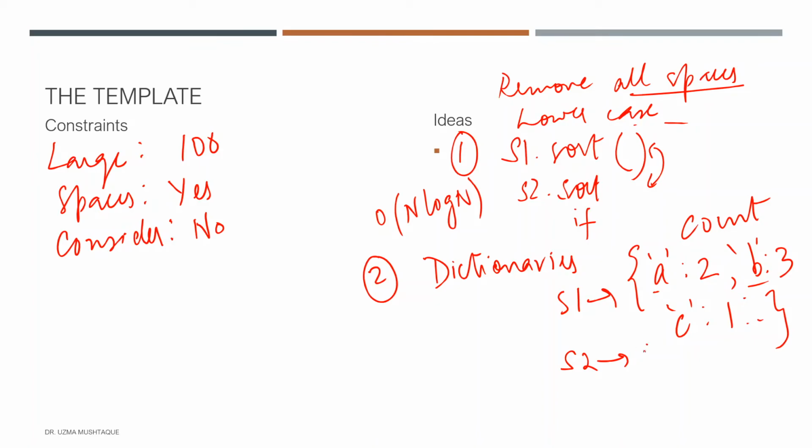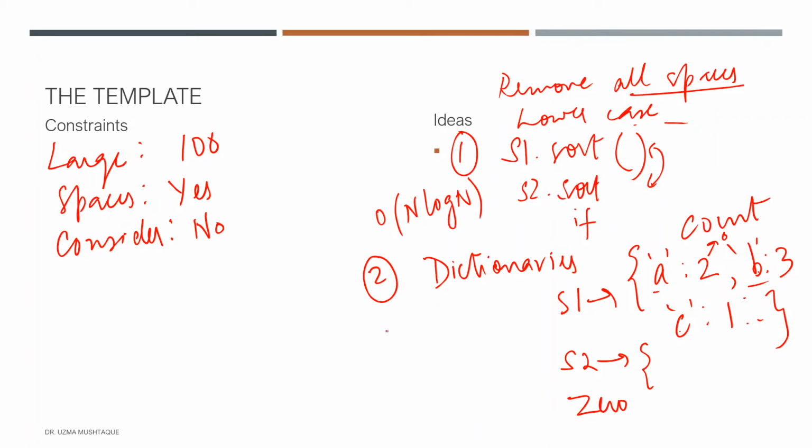So if the occurrence in S2 of A is also 2, if we subtract them, think about it, the output would be 0. So if the number of occurrences of every element is equal, then their subtraction will lead us to 0. If we can test that, we'll eventually arrive at whether the two strings are anagrams or not.